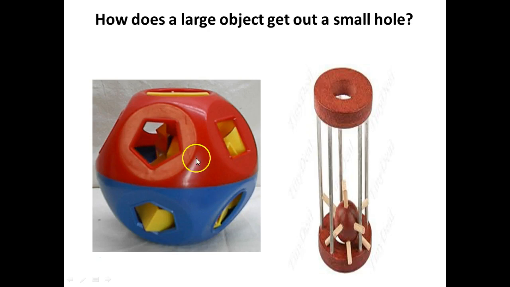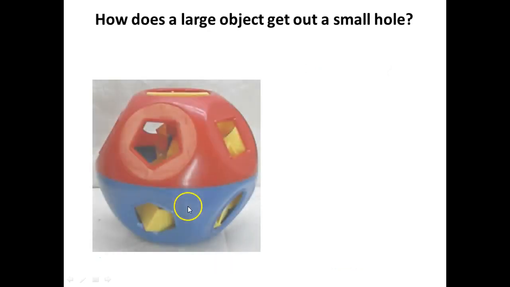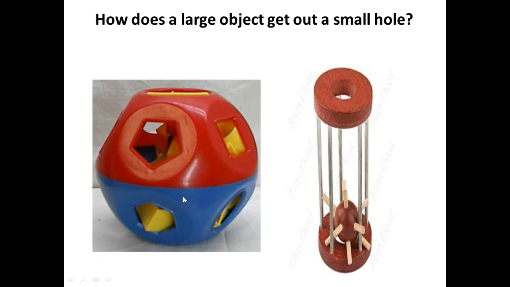So this is a toy right here, this one. That most kids had when they were little. And it has two parts, right? You can separate the two parts by grabbing the handle at the top and the bottom, and the little blocks fall out. Most little kids don't know this, though.